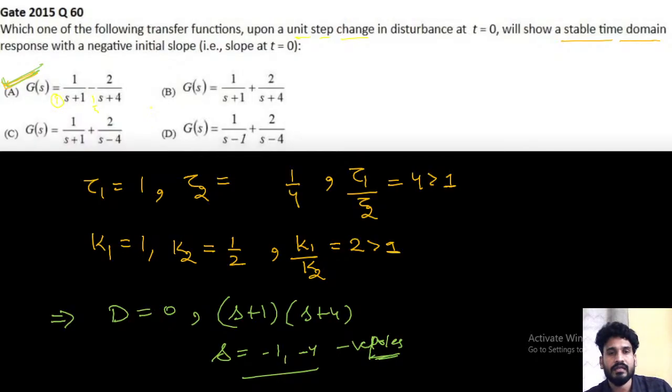Yes, so it satisfies the equation. Without solving, you can just compare the tau values. Also K1 is greater than K2. Without solving, you can compare the K1 and K2 values for the inverse response. So this is how you can calculate the inverse response question.